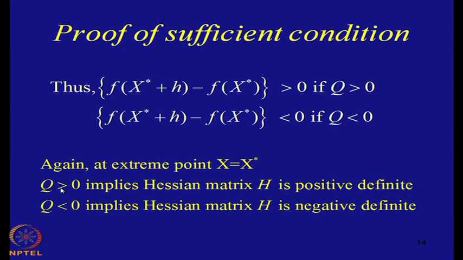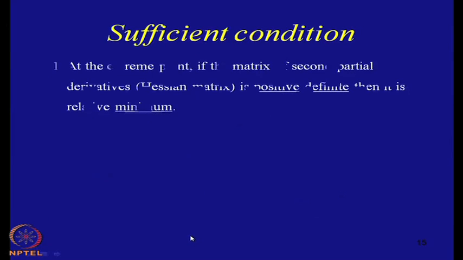How the quadratic form is related with the positive definiteness of the Hessian matrix, I will tell you next. But one thing is clear: whether the extreme point is a minimum or maximum is fully dependent on the sign of the quadratic form. If the sign of the quadratic form is positive, then certainly the function has a relative minimum value.